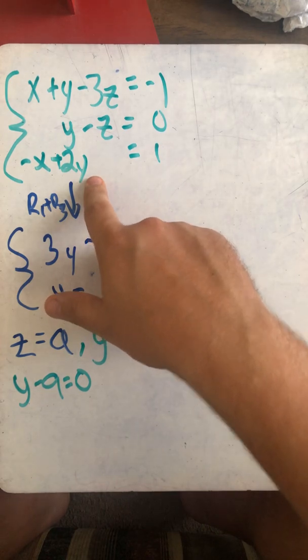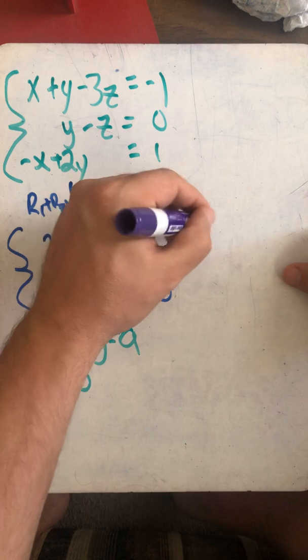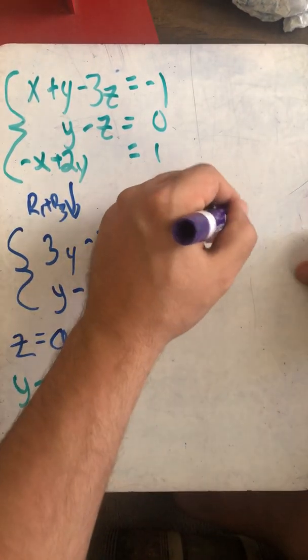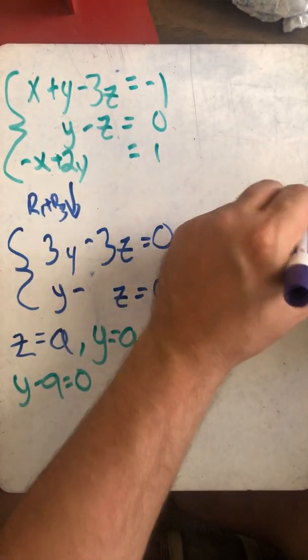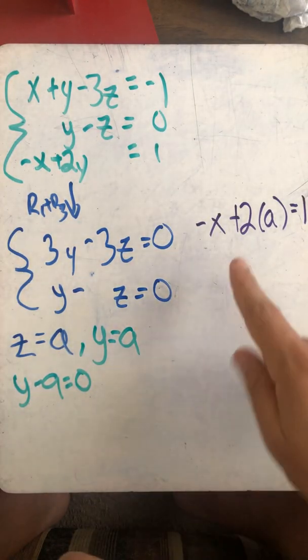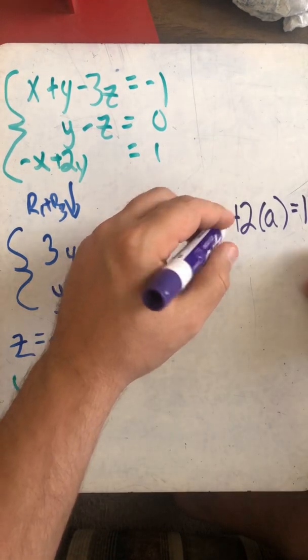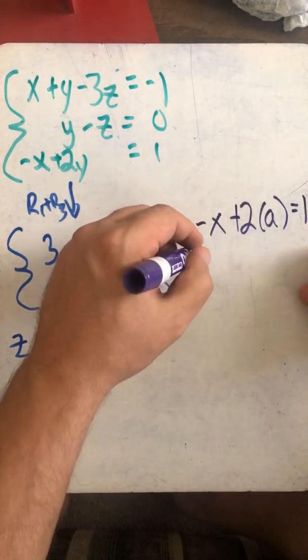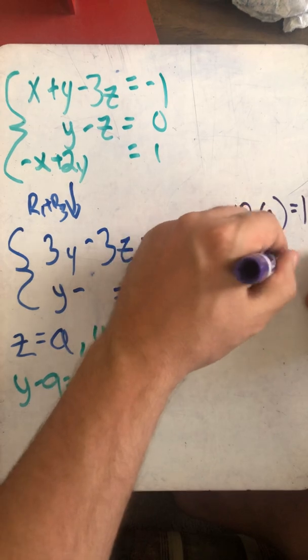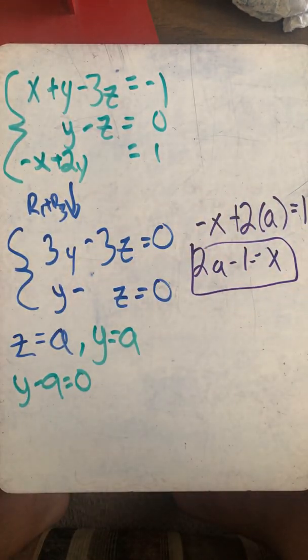There's less stuff there. It's going to be easier to work with. So I'm going to have -x plus 2 times a equal 1. Now we solve for x. I'm going to subtract x and subtract 1, so I have 2a minus 1 equals x. That's what I'm going to use.